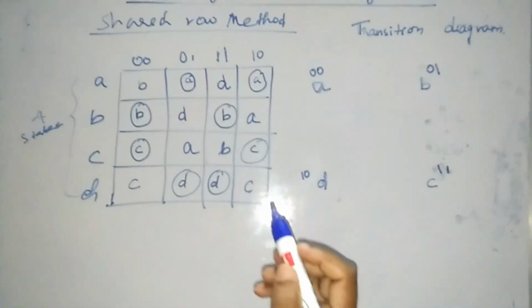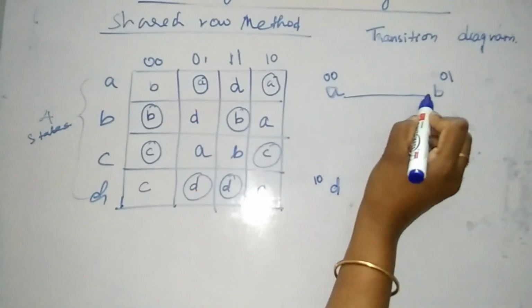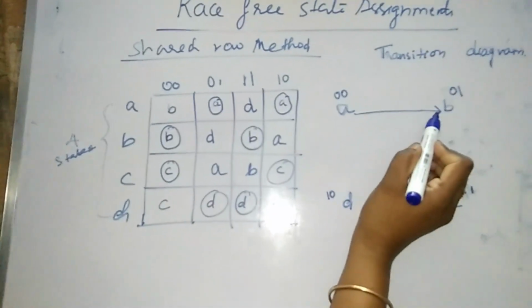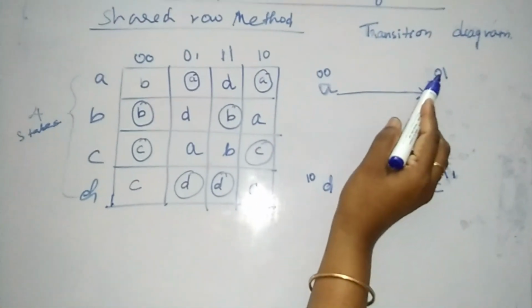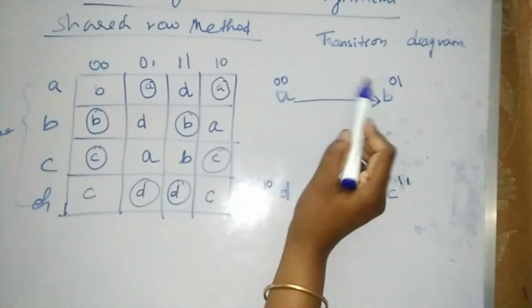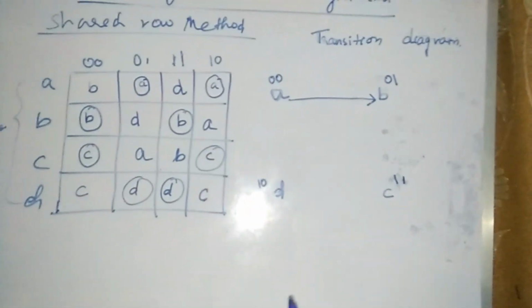When there is a transition from A to B, the input of A is 0 0 and the input of B is 0 1, right? So here there is one position change, and there is no problem. So I'll just move a transition from there.